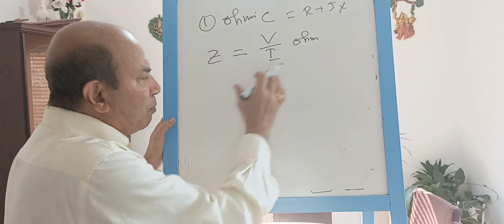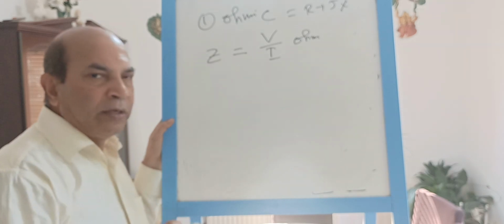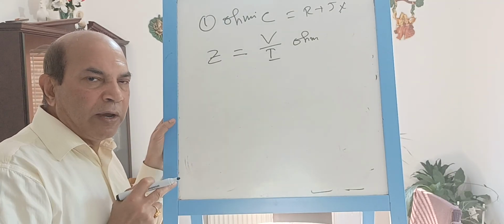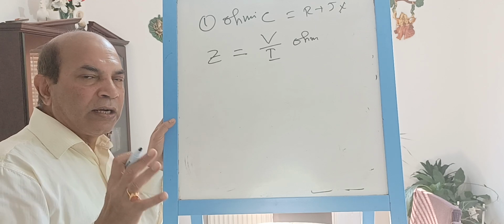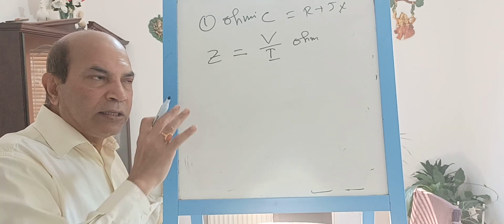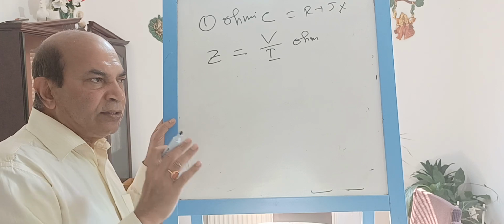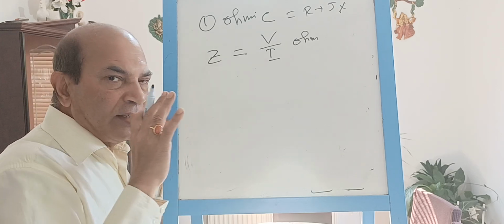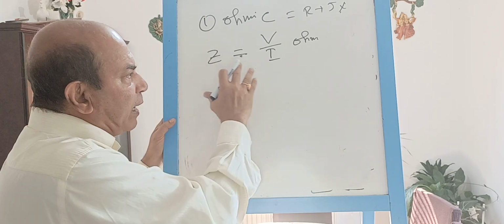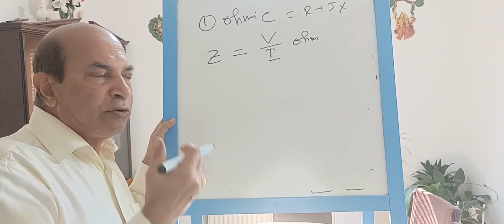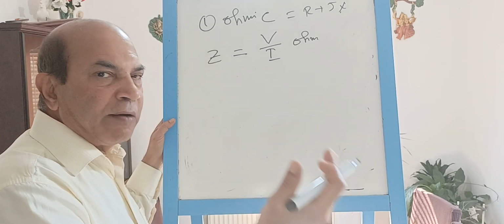In the per unit system, per unit means we are comparing with some base unit.